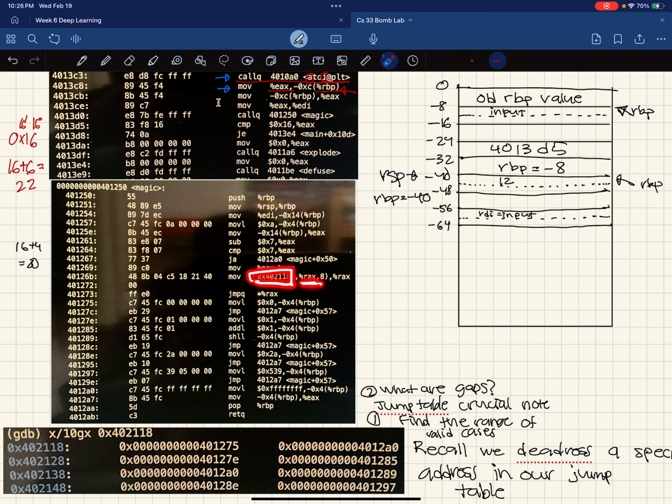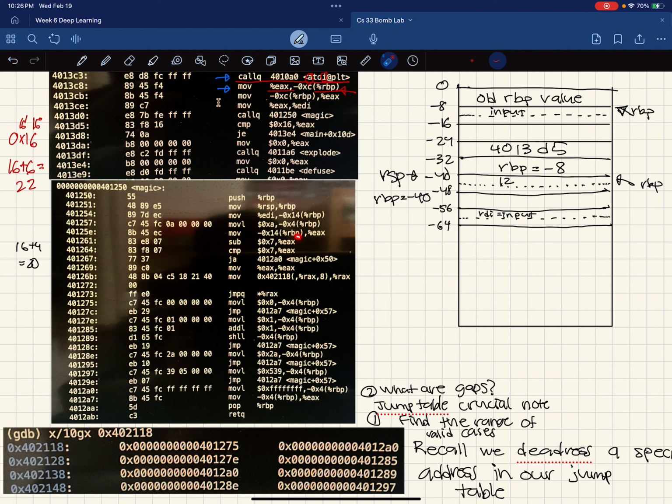If it's 1 times 8, I'm looking at the second entry. And why 8? Because the jump table stores addresses that we jump to, and we're putting that into REX and then jumping to the actual address itself. So REX would hold a specific address, and now we're gonna jump to that specific address using the star right here. It's a very important detail.